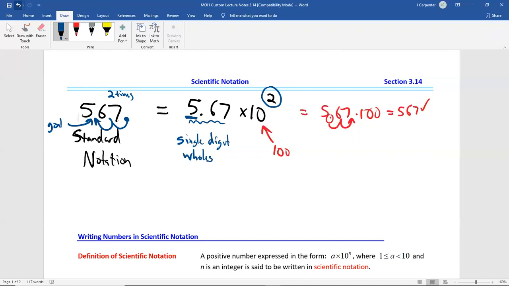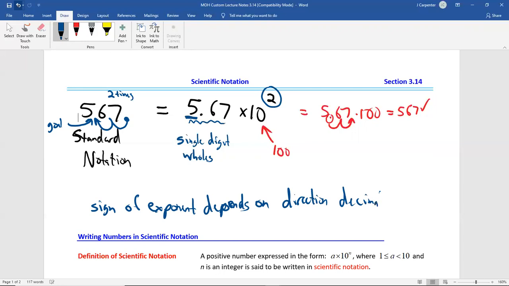Now, the only thing is, sometimes these exponents are positive, sometimes they're negative, and it depends on the direction that you move your decimal. The sign of the exponent depends on the direction the decimal moves.